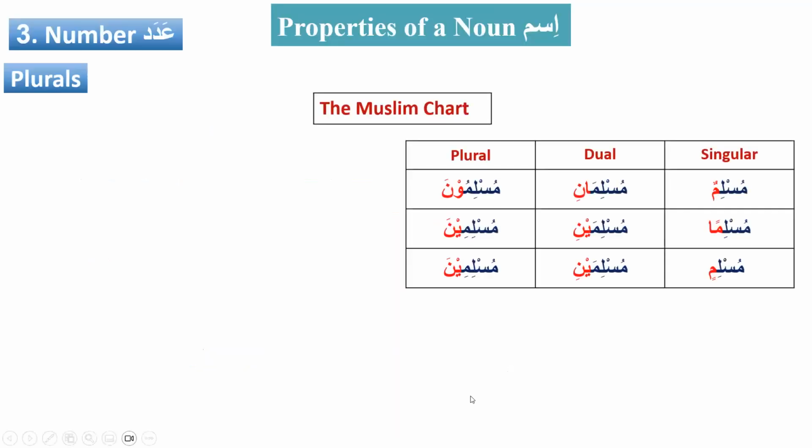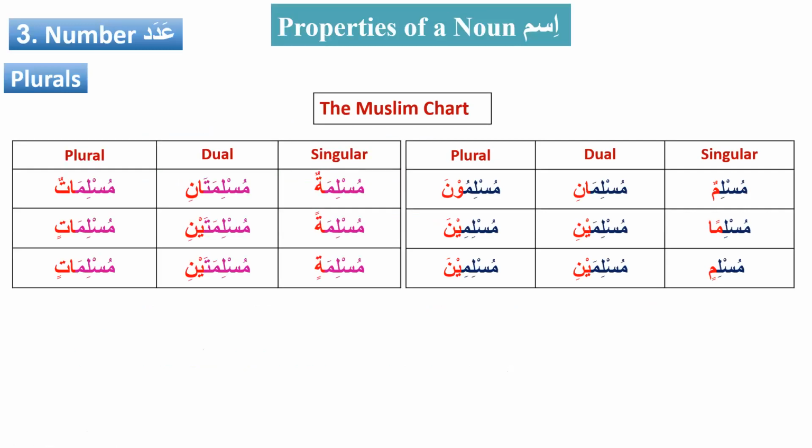Okay. So when we look at the Muslim charts, the last column, the third column of each chart, the feminine and masculine chart, are they sound plurals or broken plurals, Shifa? Can you hear the question? In these two Muslim charts shown on the slide, can you see those? Yes.